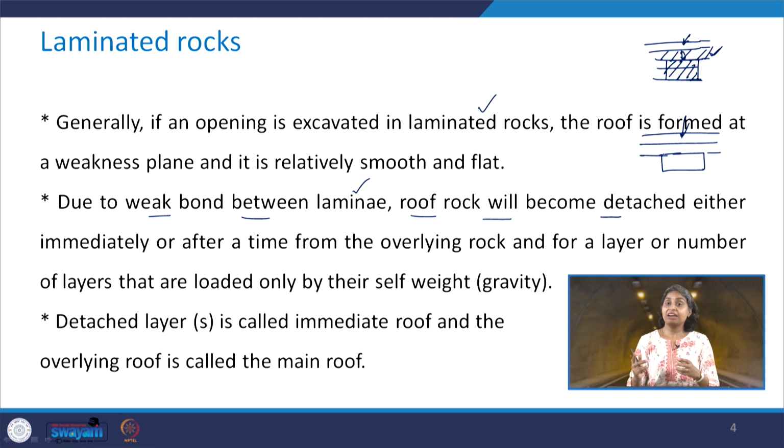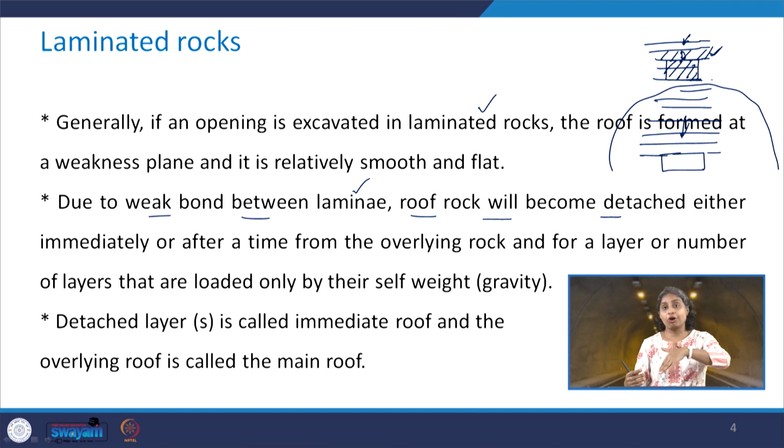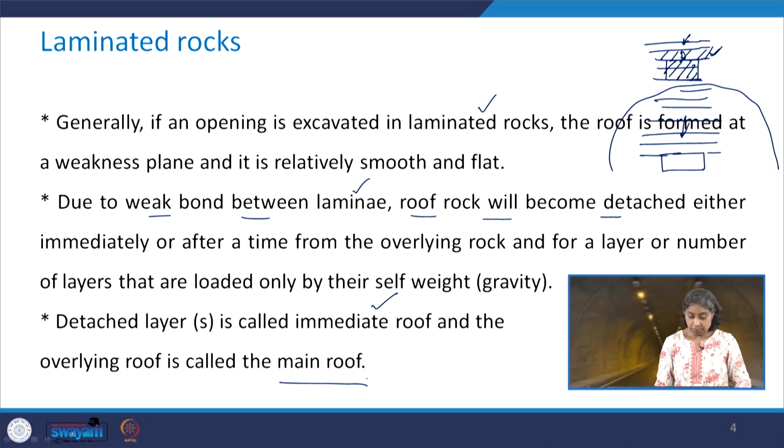There can be only one layer in the immediate roof or more layers. The rock mass is huge, so there can be n number of layers. It may happen that only 2 or 3 layers get detached from the overlying rock. In that case only 2 or 3 layers will form the immediate roof and the overlying roof will be called the main roof.